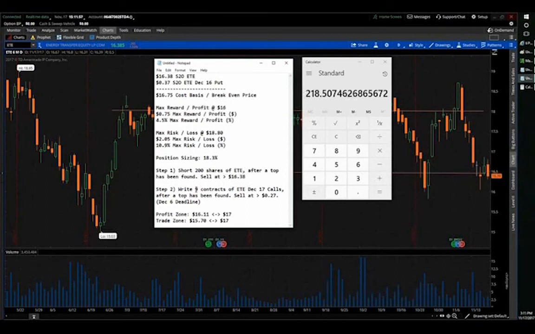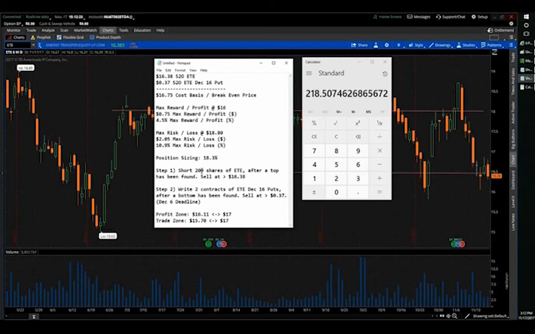Once that's done, we're going to then write 2 contracts of ETE December 16 puts after, again, a bottom has been found. Sell at, and here we want to get a greater price than 37 cents. Don't forget our December 6th deadline.